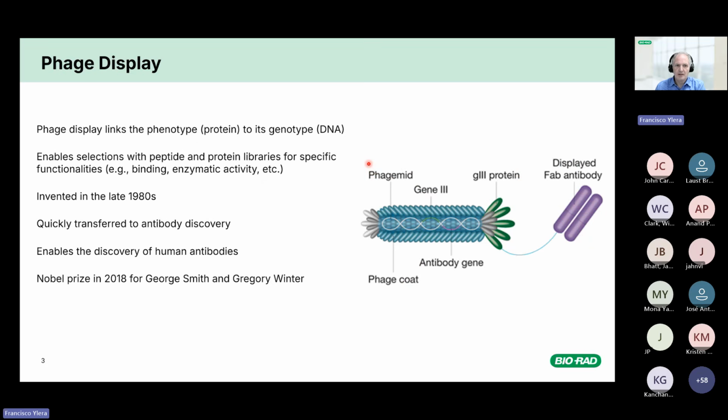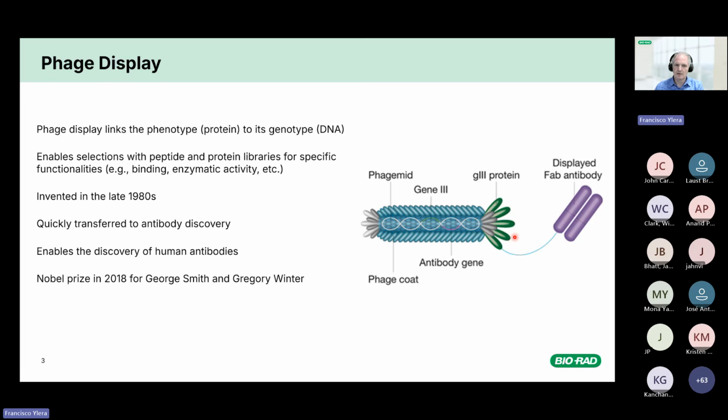So phage display was invented in the late 80s, and it was the first technology that linked the phenotype, the protein here shown as a Fab, to its genotype, the DNA that encodes the Fab. And that was done by fusing the Fab to the phage coat protein, the P3 protein, genetic fusion.